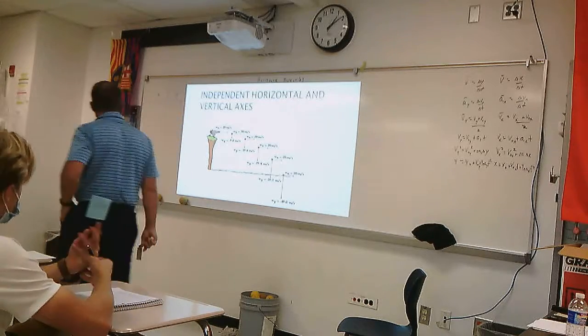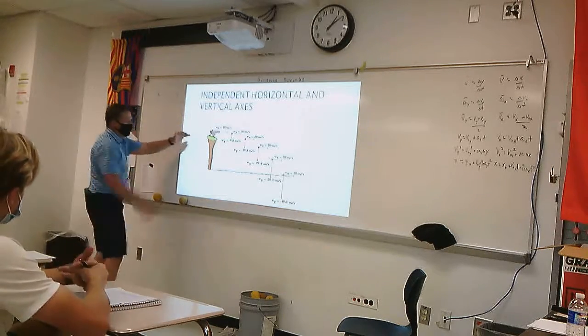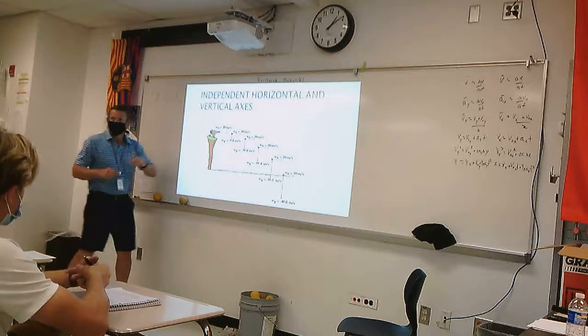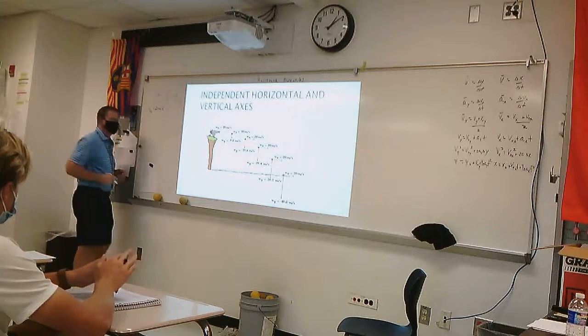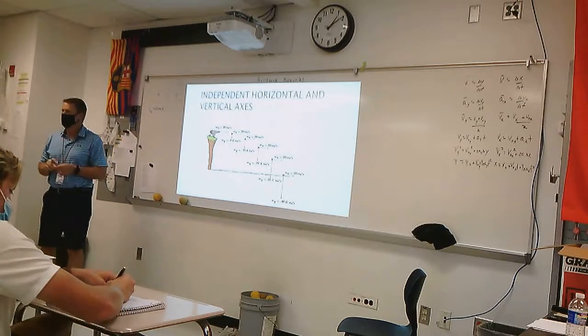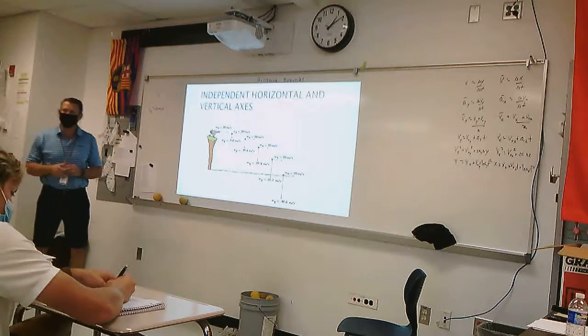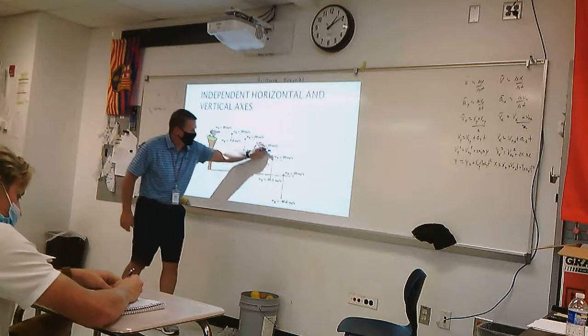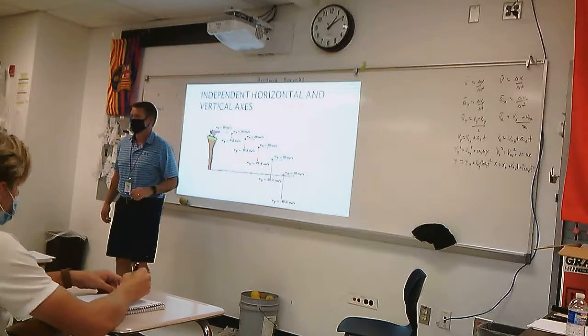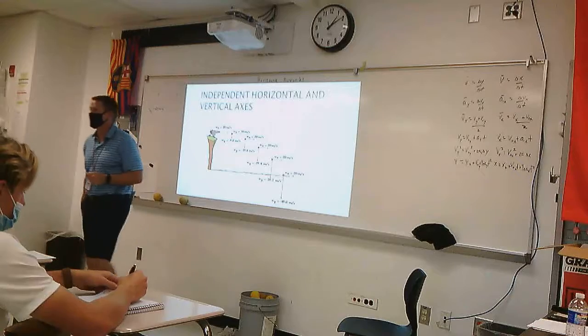Right? So what do we know about this situation? We know that there is an initial velocity in the x of 20 meters per second. Now look at the diagram. What's the horizontal speed the entire trip? 20 meters per second.